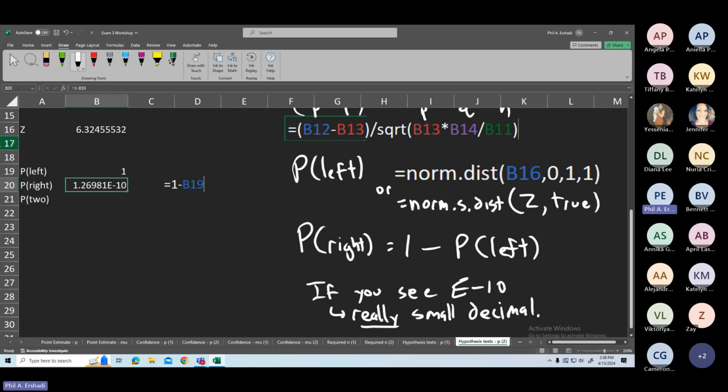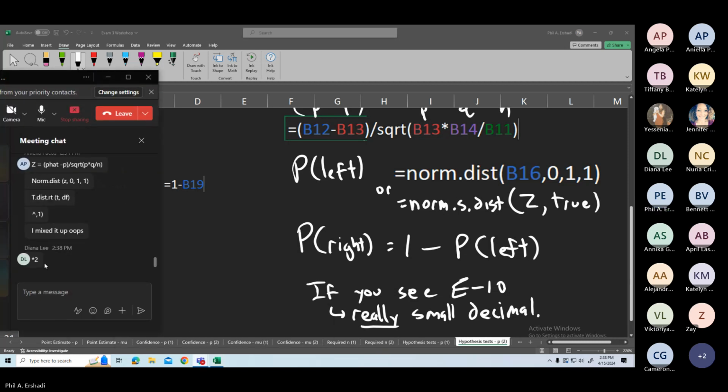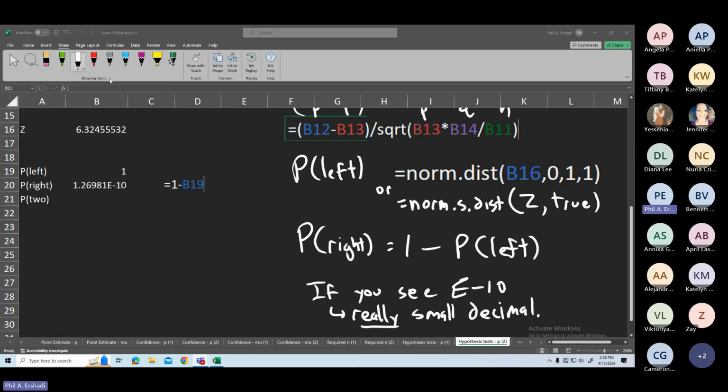So now, if I want to get the 2 tail, what do I do? This one's not obvious. If you haven't seen it before, it's going to be hard to guess. Times 2, well, that's part of it, yeah. 2 times what, though? Which one am I multiplying by 2?